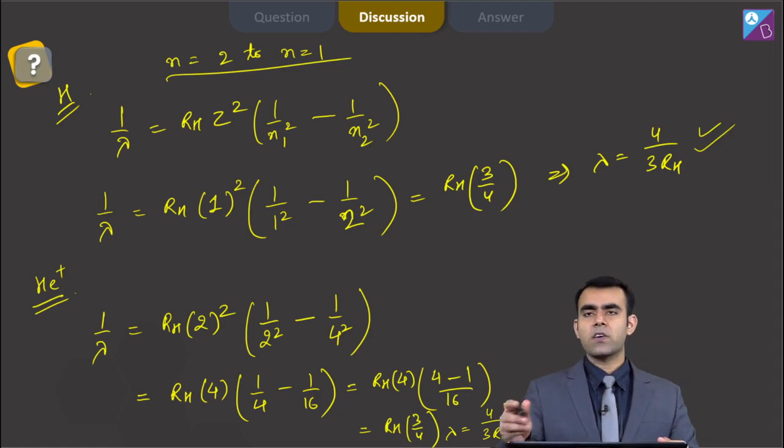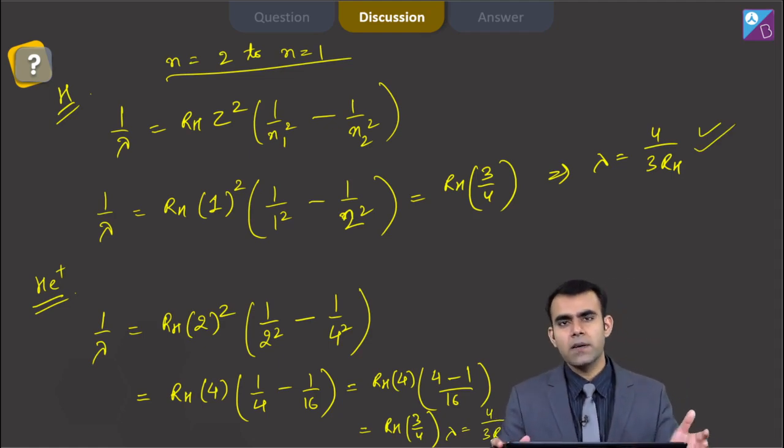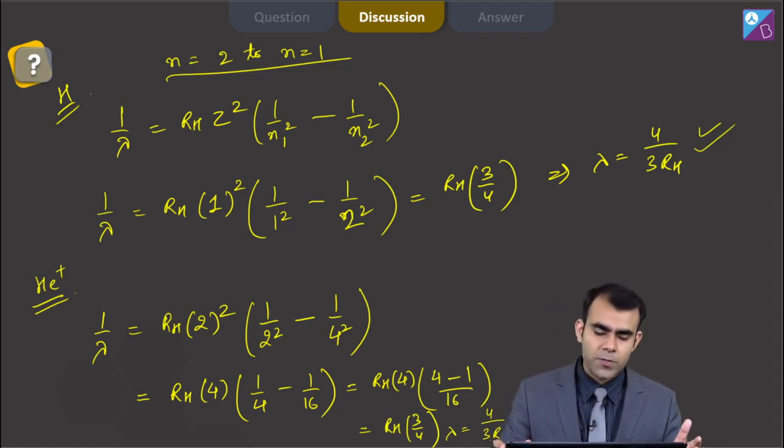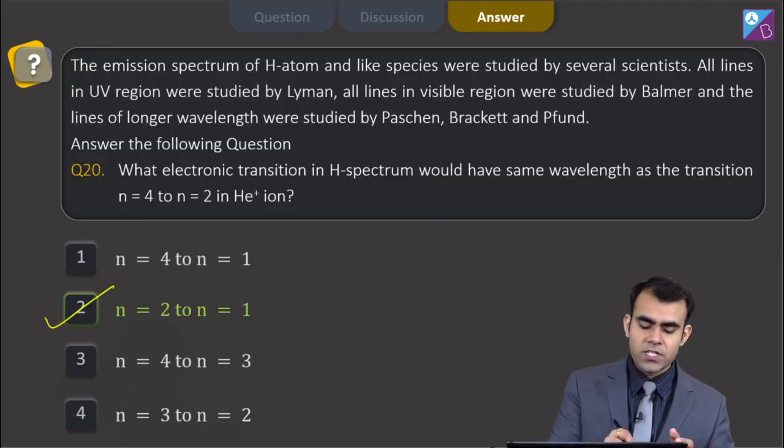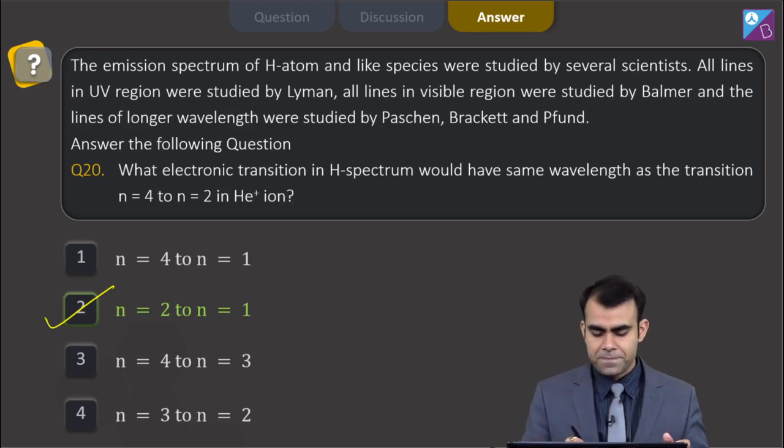This is the same as that of hydrogen. You can verify this for lithium and Be 3 plus also. So the answer is transition 2 to n equal to 1.